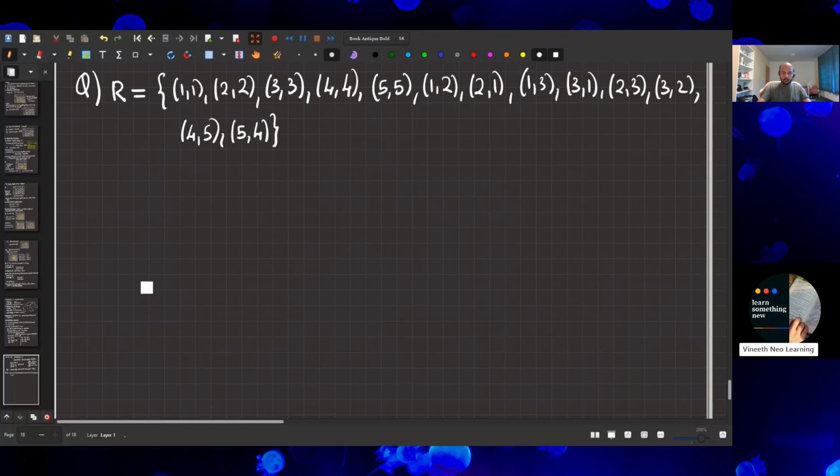This is an equivalence relation defined on A equals {1, 2, 3, 4, 5}.